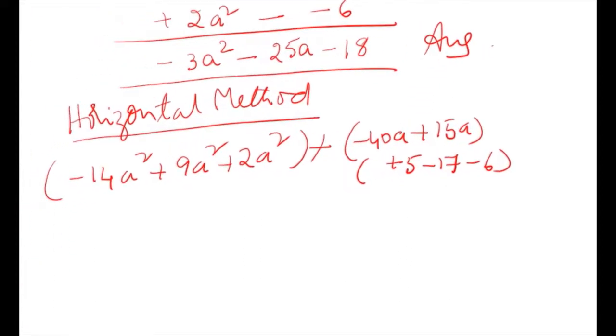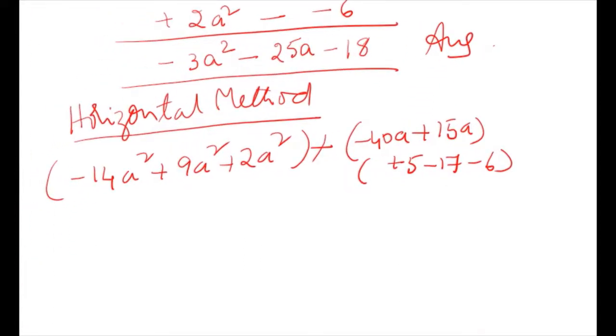So now we simplify whatever is there inside the brackets. So minus 14a square and plus 9a square is minus 5a square. Minus 5a square plus 2a square is minus 3a square.